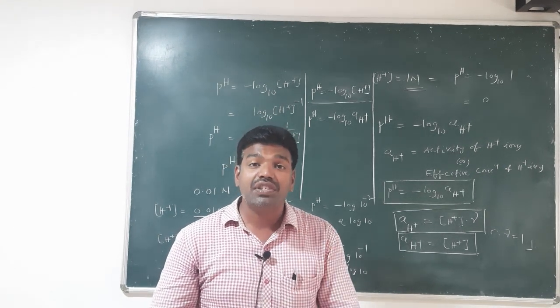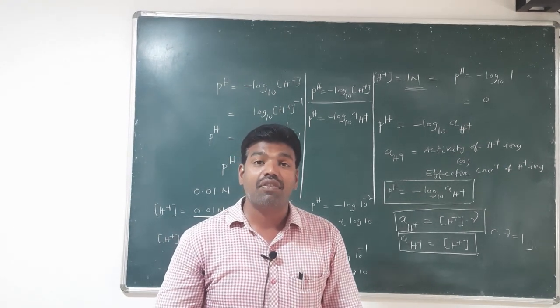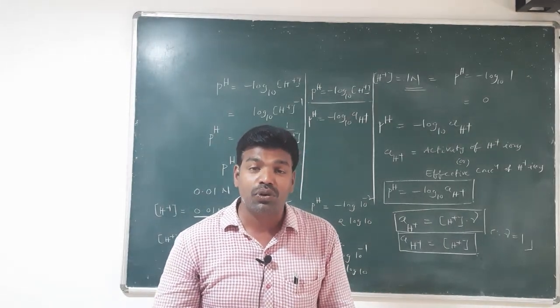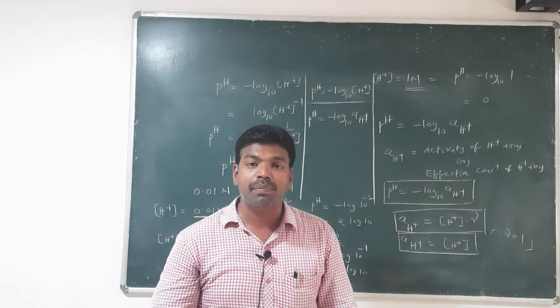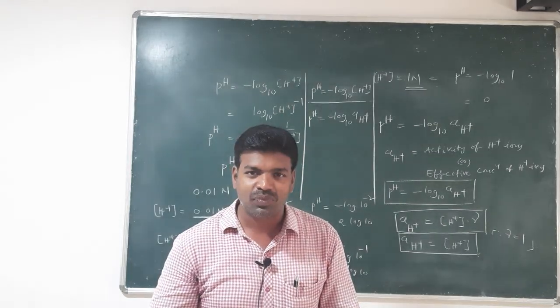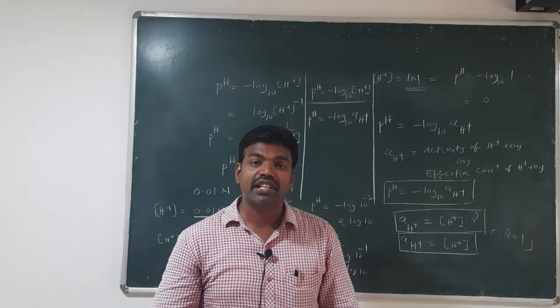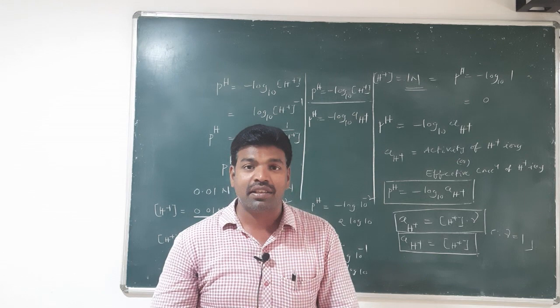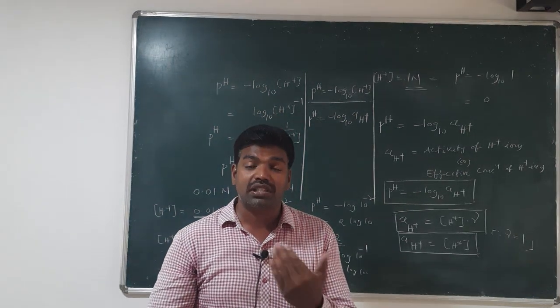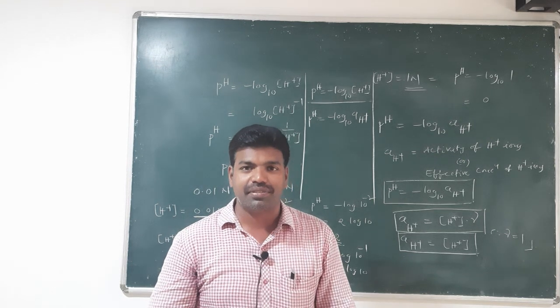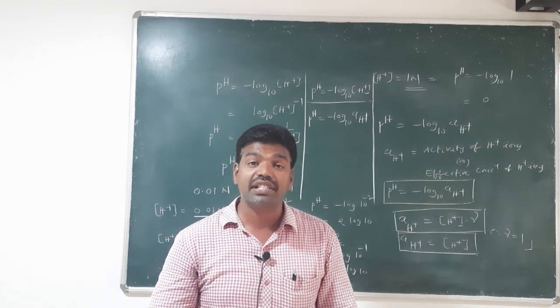So the definition of pH for high concentrated solutions is that pH is equal to negative logarithm to the base 10 of activity of H plus ions. With increasing concentration, activity of H plus ions becomes progressively less, because of increased interionic attractions as the concentration increases.